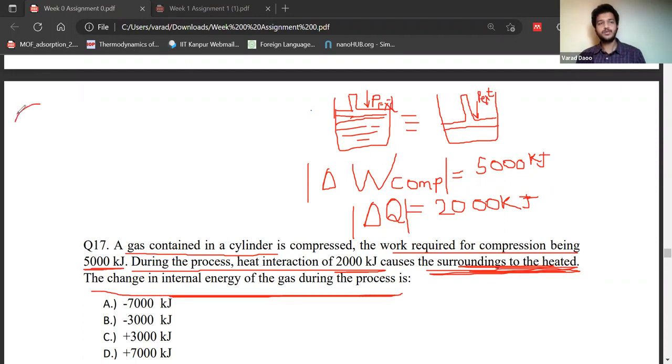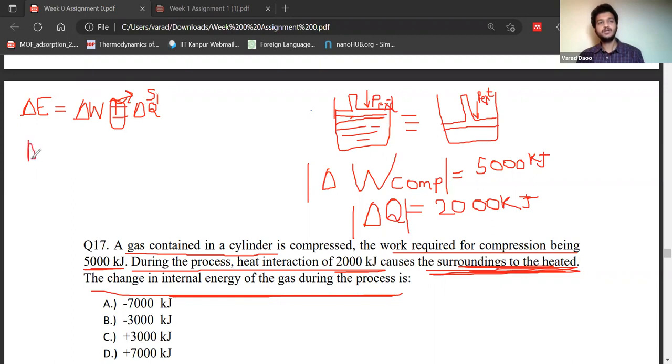Here we will invoke the first law of thermodynamics, right? The first law of thermodynamics tells us that the change in internal energy is equal to the work done plus or minus delta Q. When I say plus or minus, it basically means depending on what sign convention we are using.